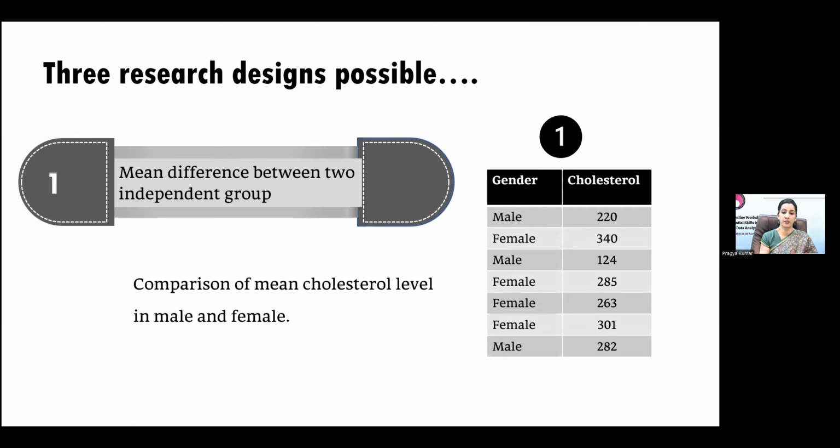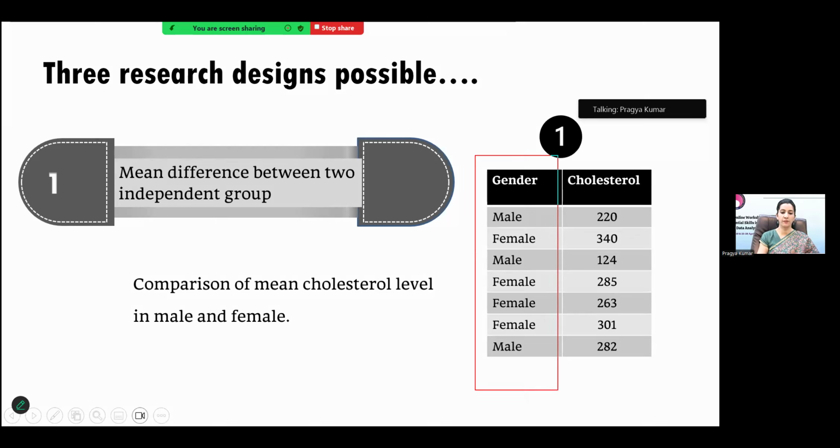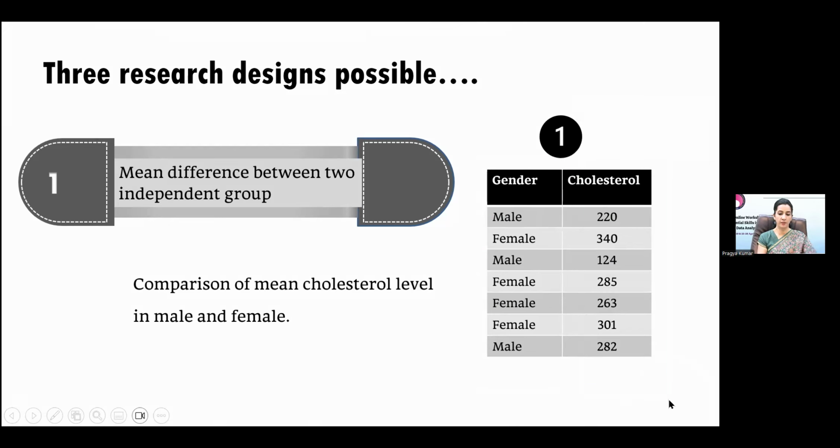For example, this is a data set of 7 people. Here you can see there is male and female gender in the first column, and in the second column, it is the cholesterol level. So if I want to measure the mean cholesterol value in male and female, in that case I may go with the independent sample t-test.